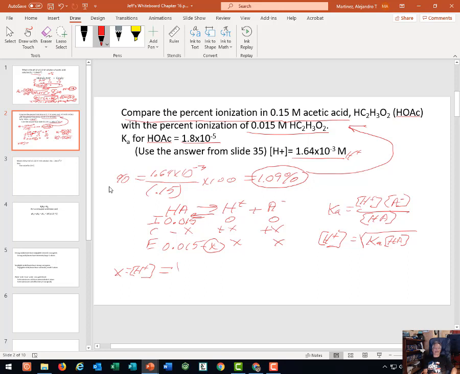So we'll go ahead and plug that in here. The Ka is 1.8 times 10 to the minus 5. Our concentration of our acid this time is 0.015 molar. And let's see what we get.